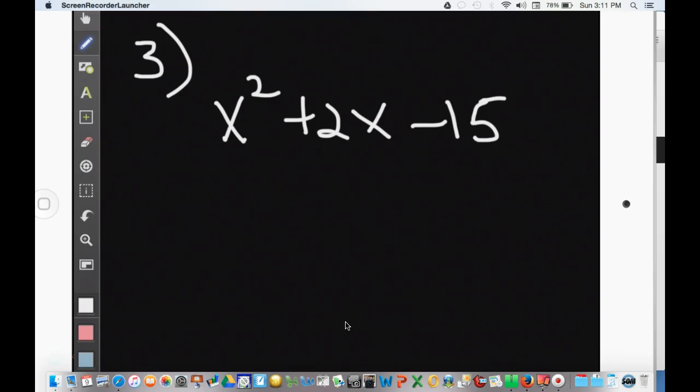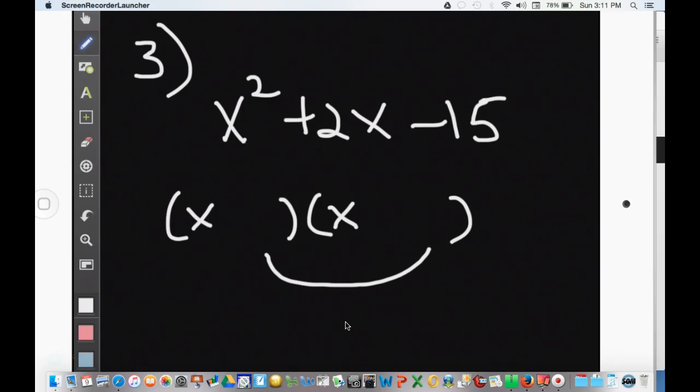This is what I mean by my basic trinomial. Usually we, in our mind, recognize that to get the x squared, we're going to need an x times an x. To get the negative 15, we need the last two terms to multiply to negative 15, but we need them to add to positive 2.